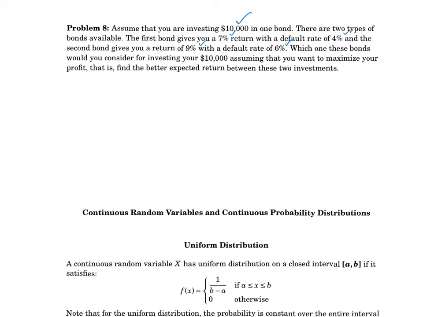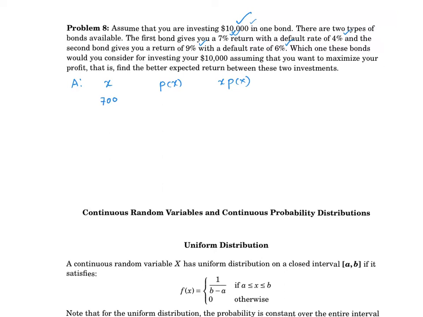All right, so let's go ahead and do it for the first bond. Let's call it bond A and bond B, so that's easier. Okay, so your X, P of X, and X times P of X. Now, in the first case, what you get is a 7% return, 7% of $10,000, which is 0.07 times 10,000, so that's $700.